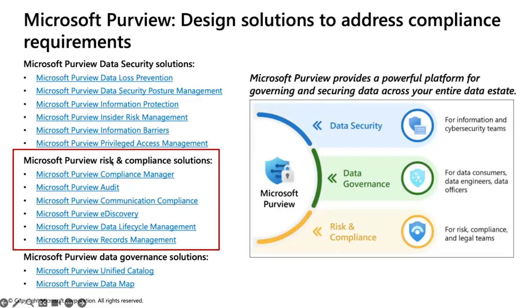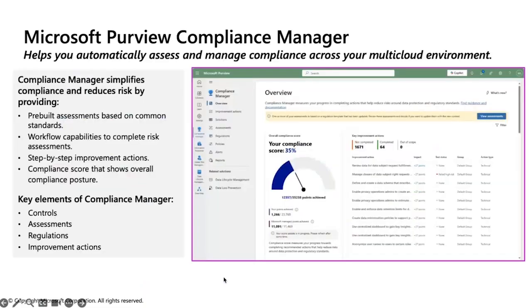When we talk about risk and compliance solutions, the first thing is Compliance Manager. In the Microsoft Purview portal, when you go to the solutions tab, you find Compliance Manager, which gives you this look and feel. Compliance Manager assesses your current environment and tells you what responsibilities belong to Microsoft and what responsibilities belong to your organization.